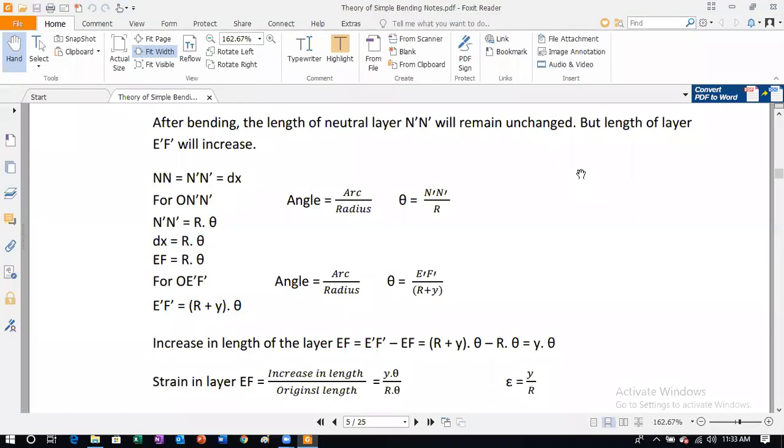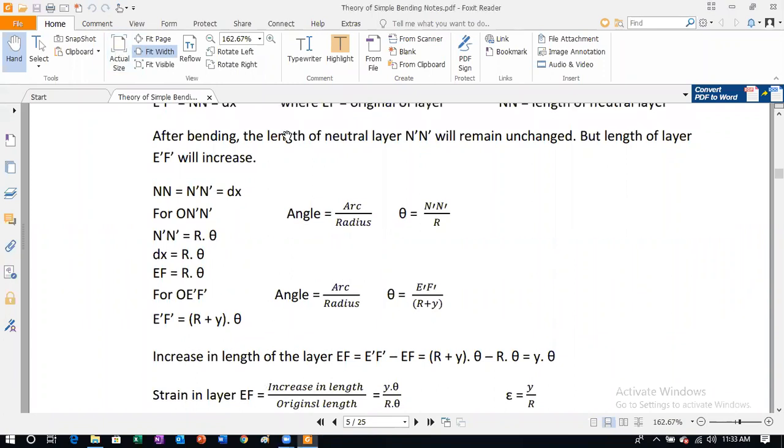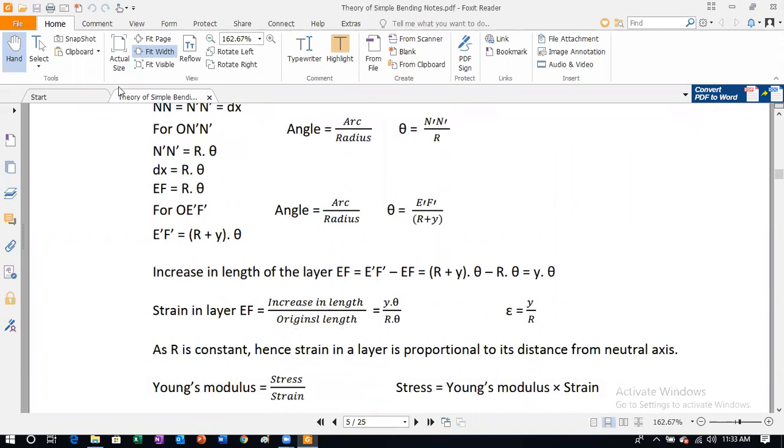In this particular case, we have increase in length, that's why we have written that this is increase in length, divided by original length. So finally, we will have y theta upon r theta. So we have epsilon is equal to y divided by r.